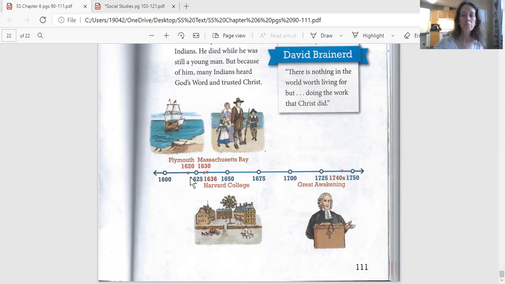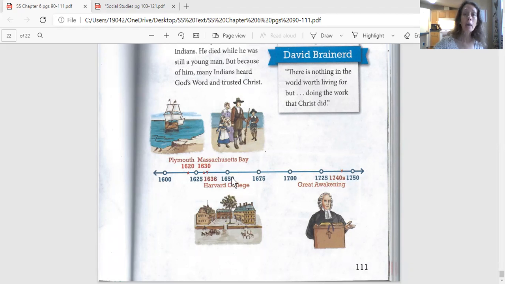Then next, we come to 1625, and nothing much happened until 1630 when the Massachusetts Bay Colony was formed, right in here. And then we go on a little ways to 1636, see it right there, and we see Harvard College.